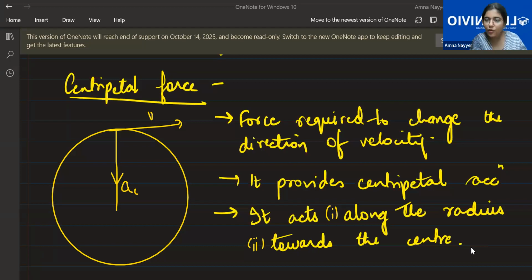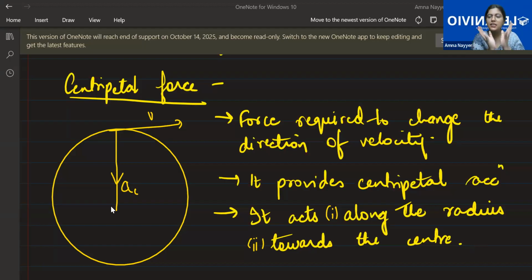See, centripetal force is that force that is provided by any force. If any force acts along the radius towards the center, where the centripetal acceleration was acting along the radius and towards the center, then we say this particular force is providing the necessary centripetal force.